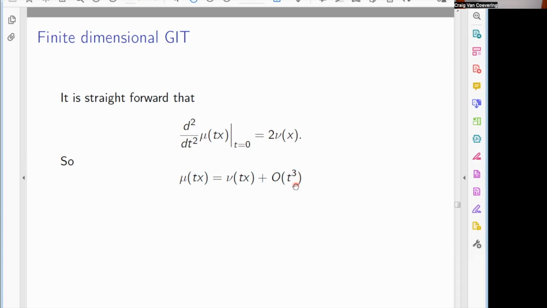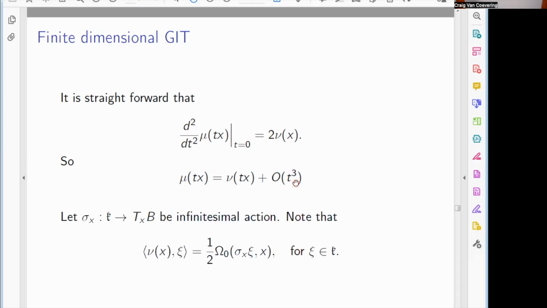So up to third order in the radial direction. Then it's an easy exercise that the flat moment map nu is given by this formula, where this is the restriction of the Kähler form on the space of almost complex structures to the center point at J0.